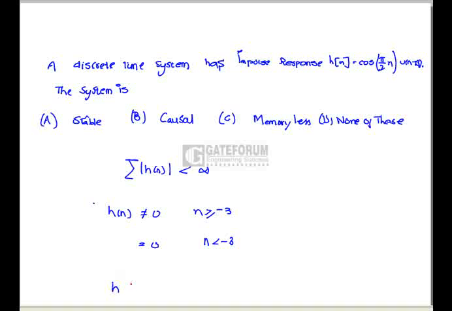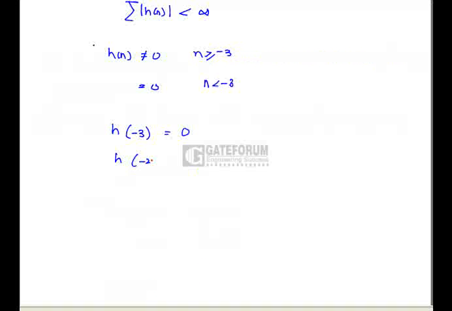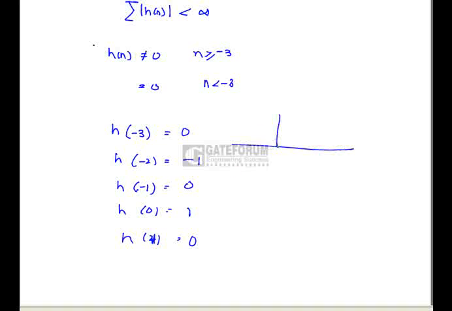Here h of minus 3 is 0, h of minus 2 is minus 1, h of minus 1 is 0, h of 0 is 1, h of 1 is 0, and the samples are going to be repeated in this way.